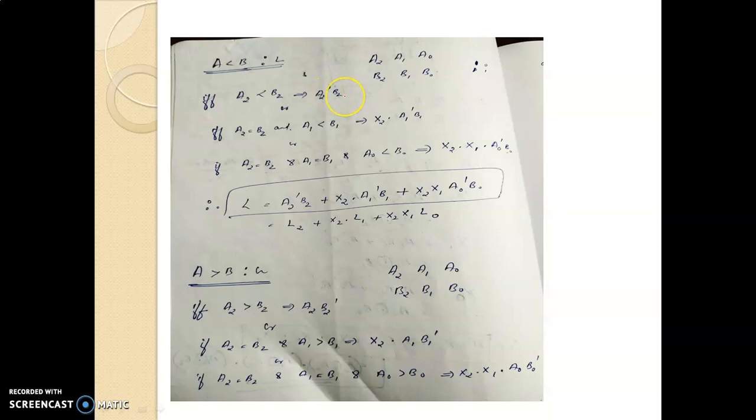Or, what happens when A2 is equal to B2? Then A1 has to be less than B1, isn't it? So you can write A2 equal to B2 and A1 less than B1. A2 equal to B2 is represented as A2 XNOR B2, which is X2, dot A1 has to be less than B1.